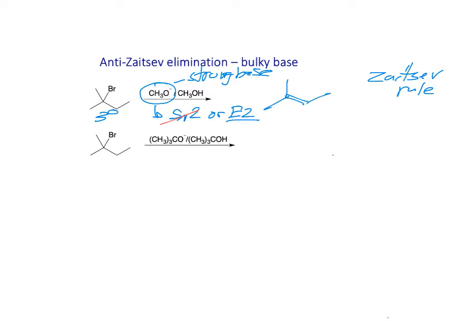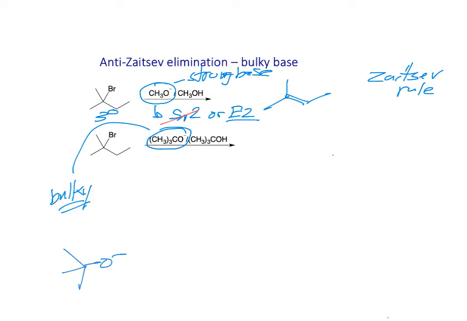Now the variation takes place when we use a base that's also strong, but that's very bulky. Okay, so this is tert-butoxide, like this.